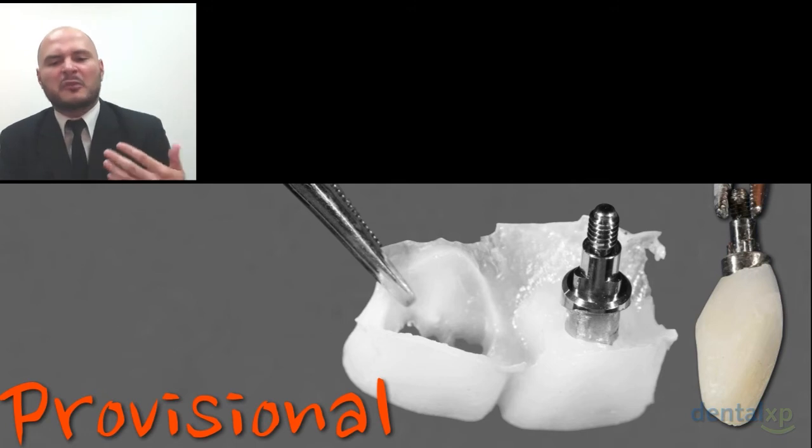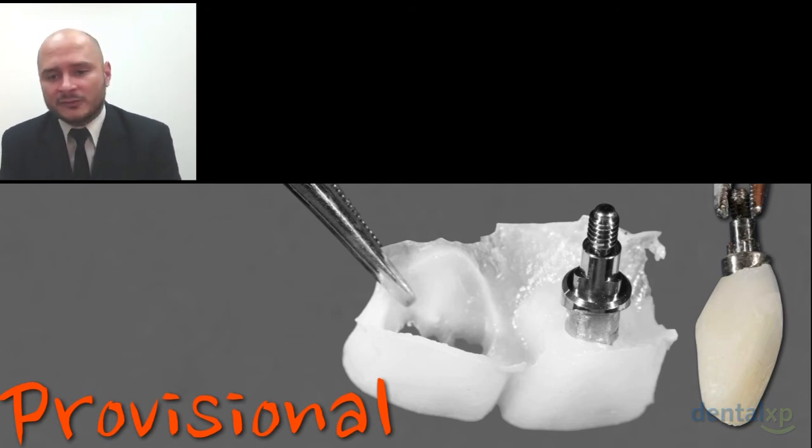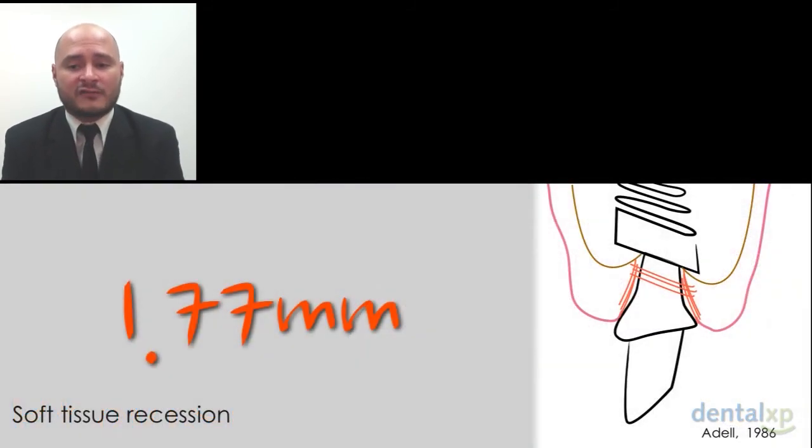When we're thinking about provisionals in these cases, we have to think about how we can make the soft tissues look better by the design of our provisionals. We know that the soft tissues around these implants are very weak, and we don't want to be retrieving the provisional many times because we're going to be altering this, and we can run into the possibility of having recessions.